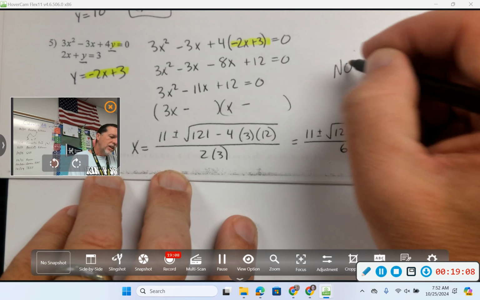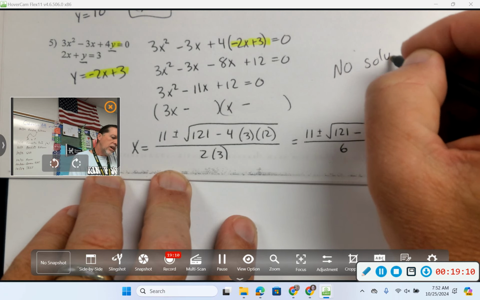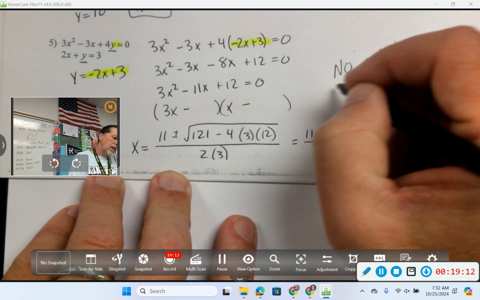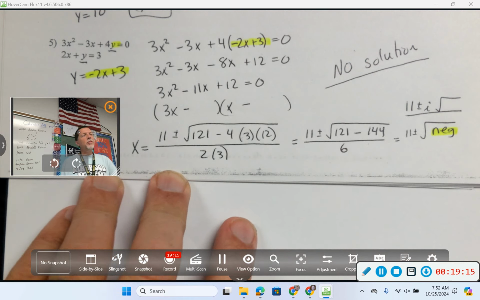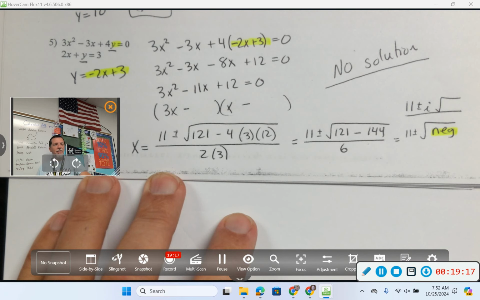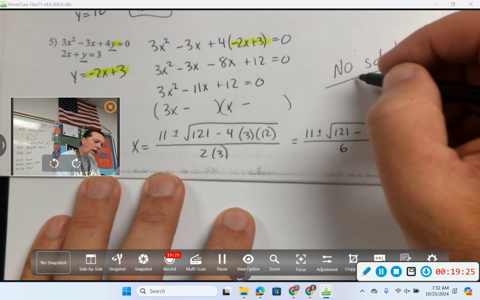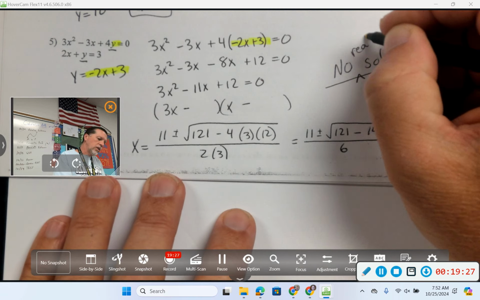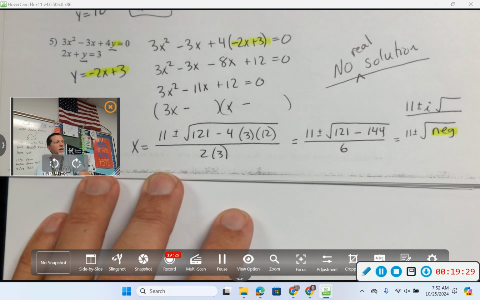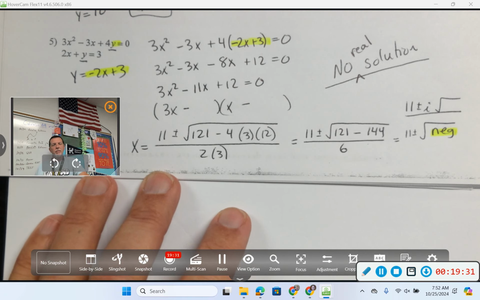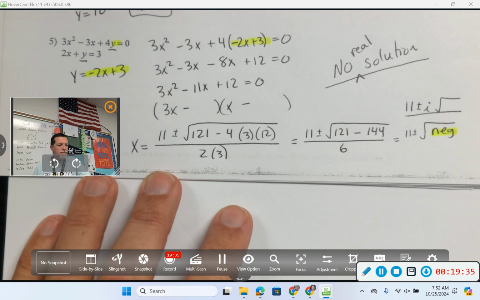Is there an imaginary axis? It is a thing, but it's not combined with the xy axis. So it's just kind of no solution. If you end up with i's, you could just put no real solution. It doesn't intersect in the real world. In the imaginary world, maybe, but we're not plugging that in.